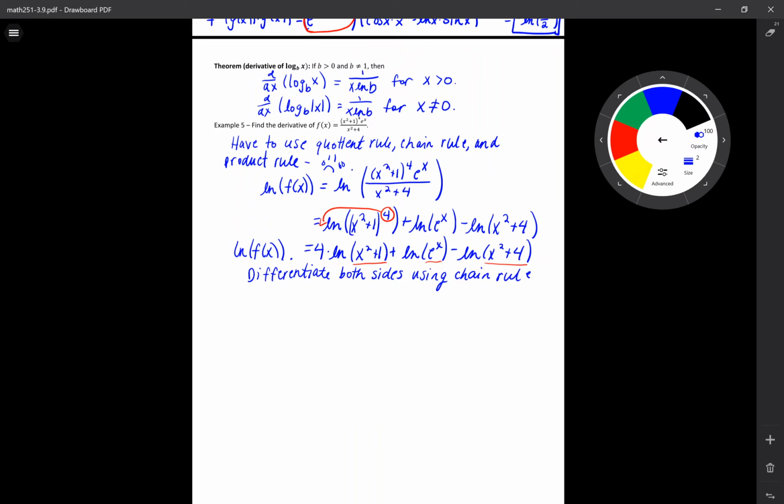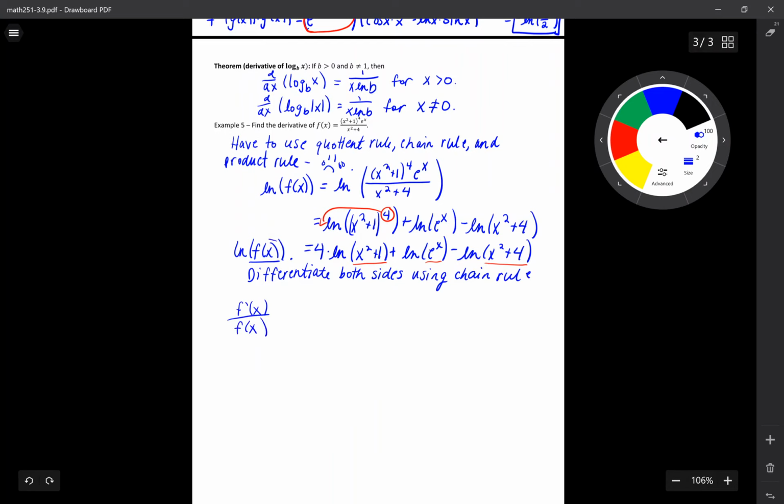So if I differentiate both sides, my left-hand side, which is natural log of f of x, that my u here is f of x. So u prime over u will be f prime of x over f of x.